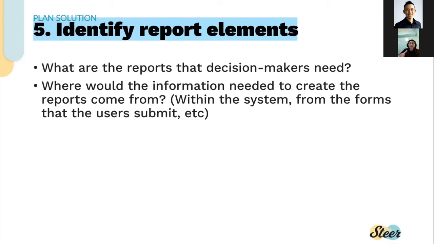So you need to decide what information is needed, and where the information would come from to build that report. So again, would it be within the system, or would it be coming from outside of the system, which the system would call to create that basic report, right?